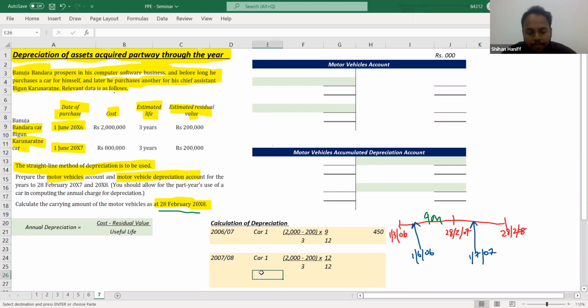Then the second car, car 2, that is also for 9 months you have to depreciate. Cost is 800 minus residual value 200, divide by 3, 9 months.